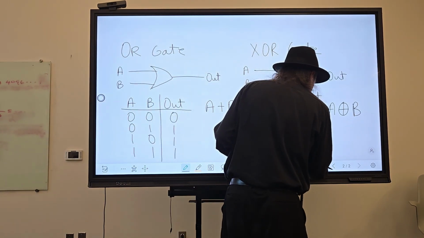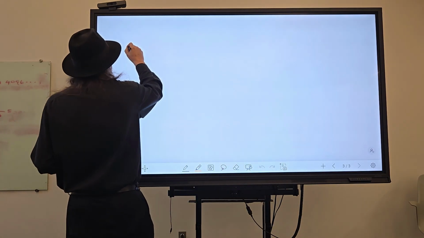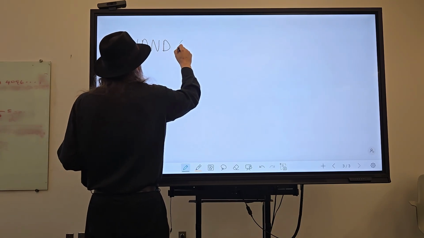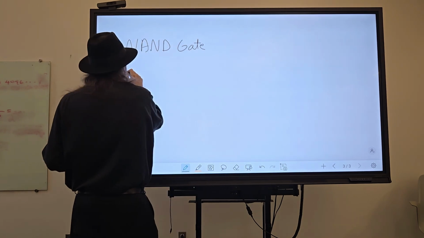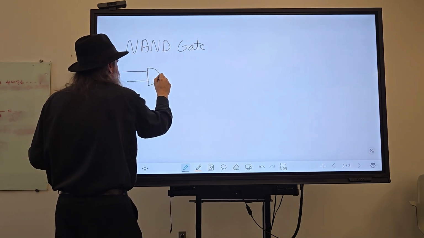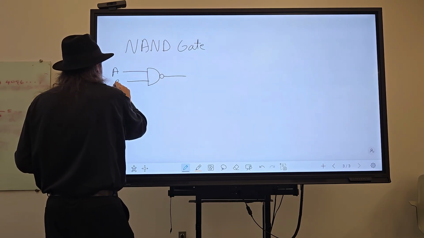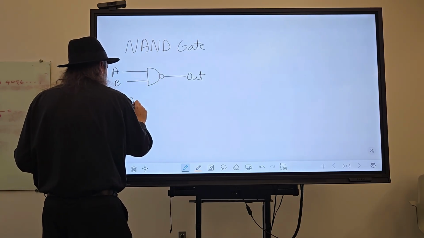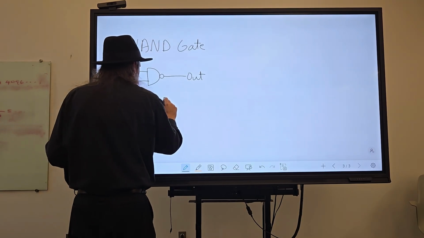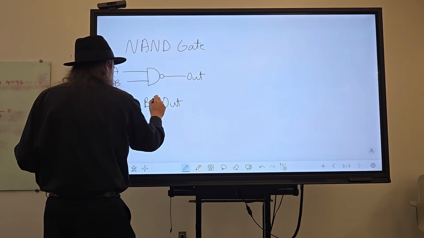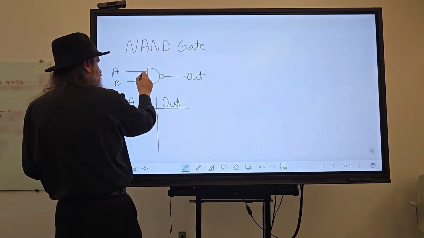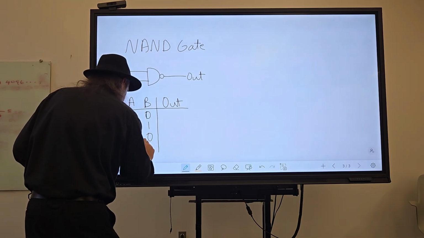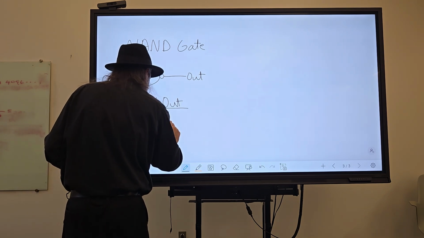Next we're going to show the NAND. As the bubble on the output indicates, the output is inverted from the typical AND gate. So it is the opposite of an AND.